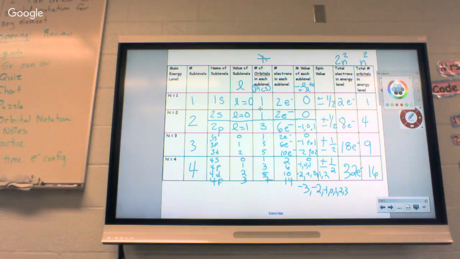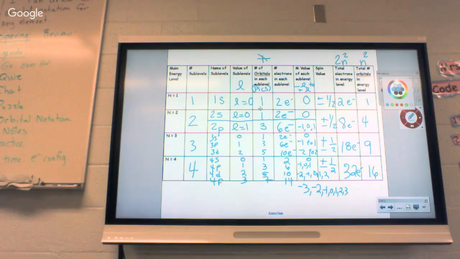If you want to find the number of orbitals, you could. The number of electrons is always multiplied by 2, because each orbital holds 2 electrons. That's why we multiply by 2.